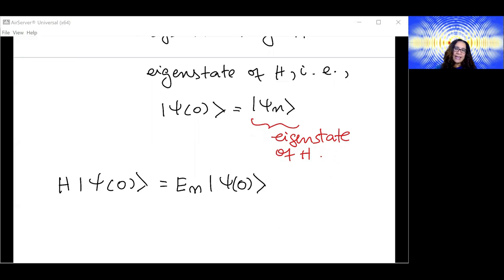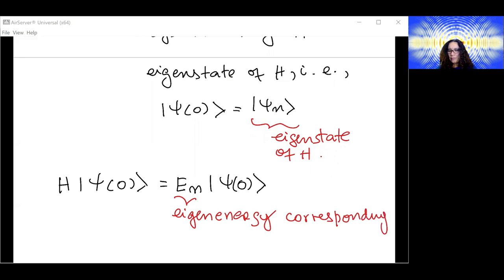So this is the eigenenergy corresponding to this eigenstate psi n. Correct?